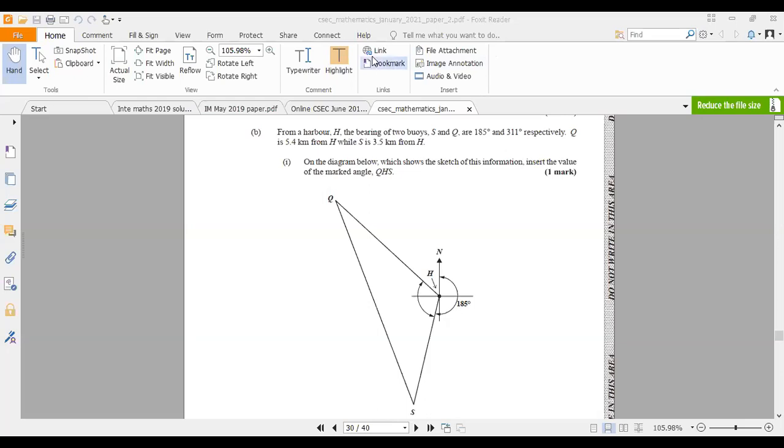Look at this bearing question and see what you can do to help ourselves.